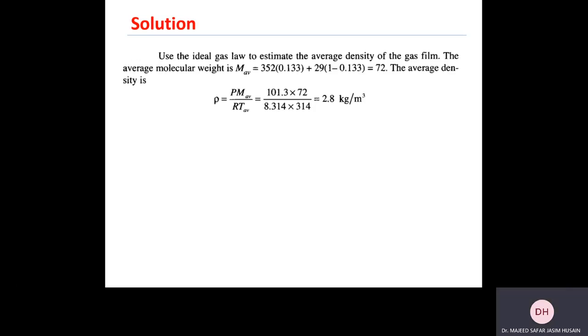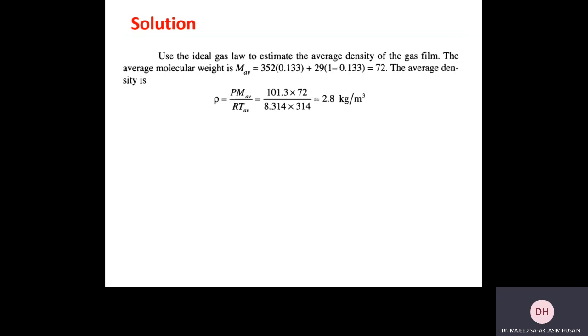Using the ideal gas law, you can now estimate the average density of the gas film. Before that, you have to find the average molecular weight, of UF6 and air. 13.3% is UF6 and the rest is air. So 352 multiplied by 0.13 plus 29 multiplied by the remaining mole fraction of air, which is 1 minus 0.13, and you will get 72 as the average molecular weight. After you get the average molecular weight, you can find the density at average condition.